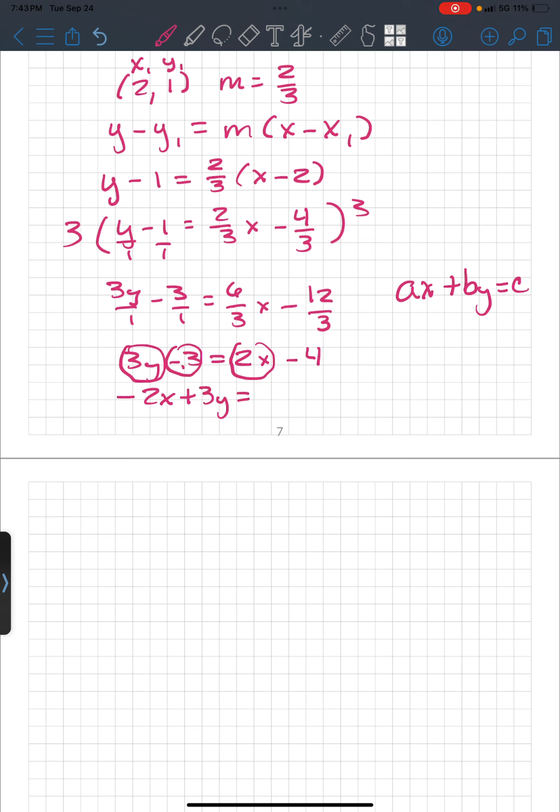This is negative, so we're going to add it over here. So negative 4 plus 3 becomes negative 1. The thing about standard form is the number in front of x can't be negative. So since it is, we're going to change the signs of every single thing to make this positive. And that is standard form.